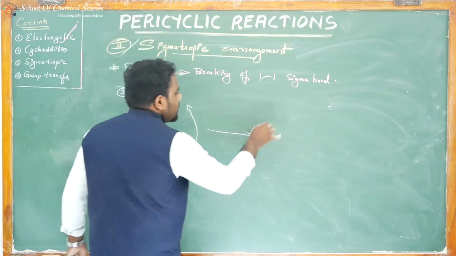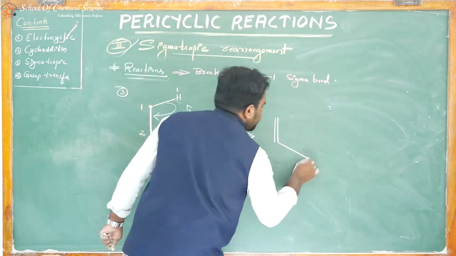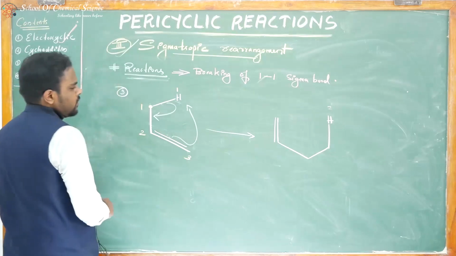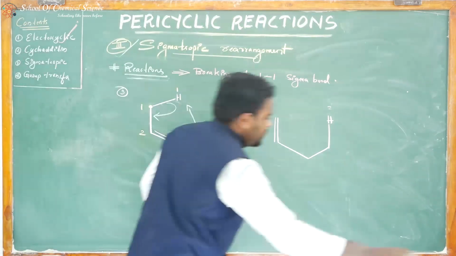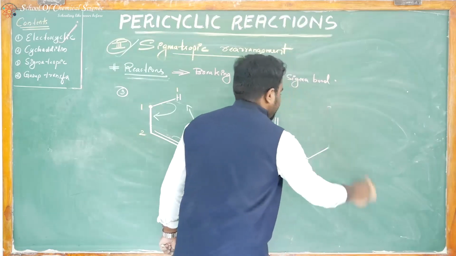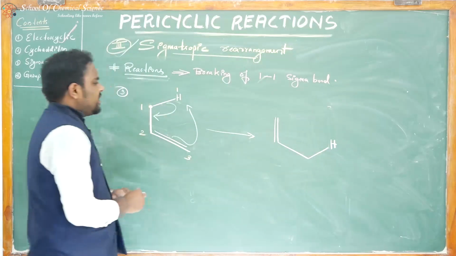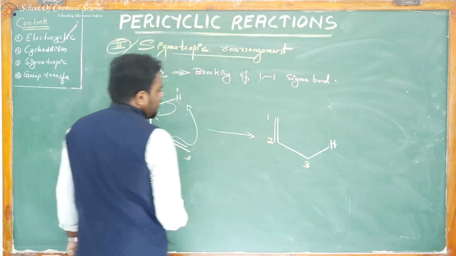So what will be the product? Here a pi bond. Then that hydrogen here. Hydrogen, please give a number. This is 1, 2, 3.